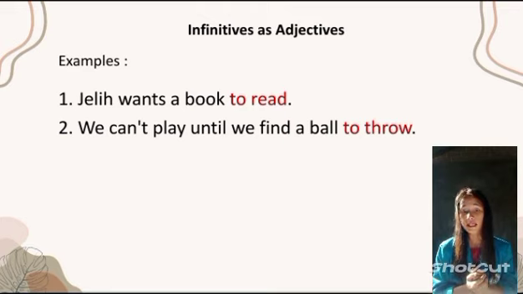We don't need just any ball, we need a ball to throw. So, here the infinitive is used as an adjective. Now we are clear about how infinitives are used as adjectives.